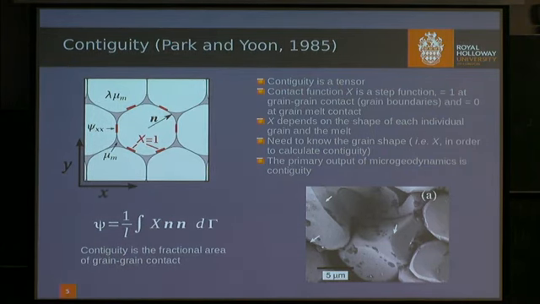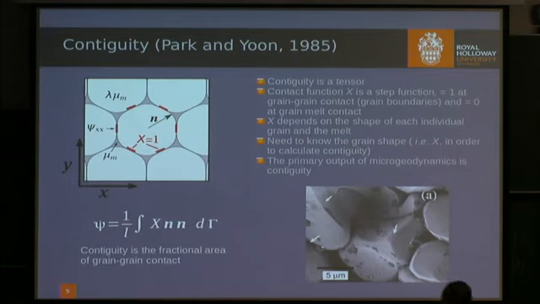So I cut down a lot of slides that I had here that defined contiguity. I think after this morning I don't need to really go into great details about what contiguity is, but I'll just bring up really quickly a couple of things. First of all, the way I like to think of it, it's the fractional area of grain-grain contact in a partially molten aggregate.